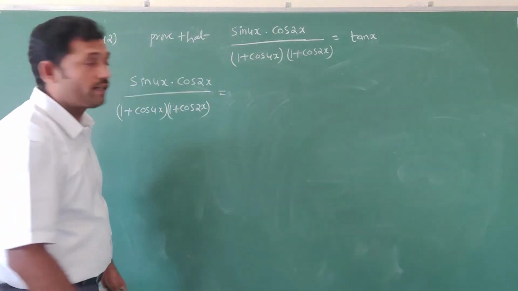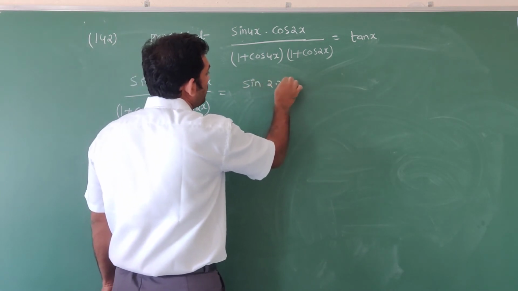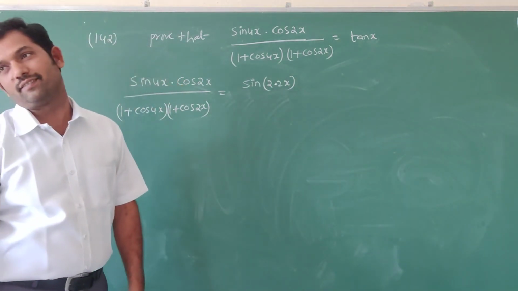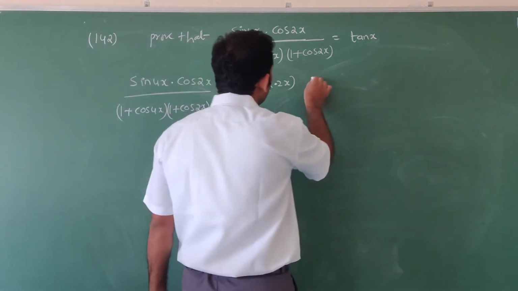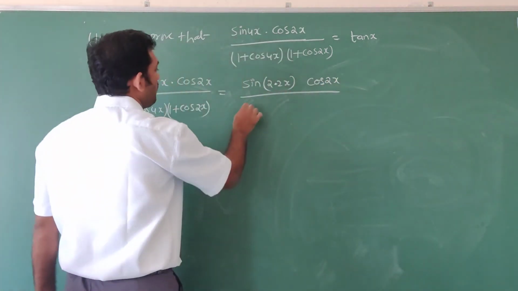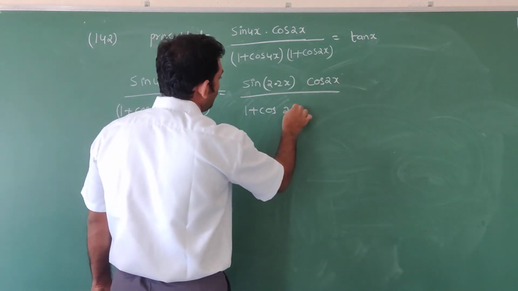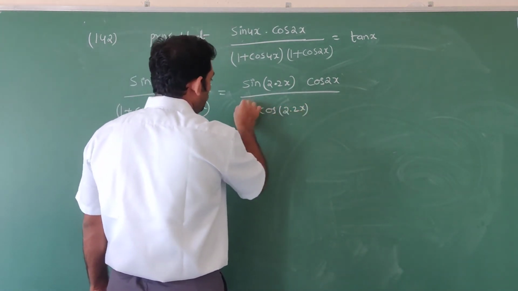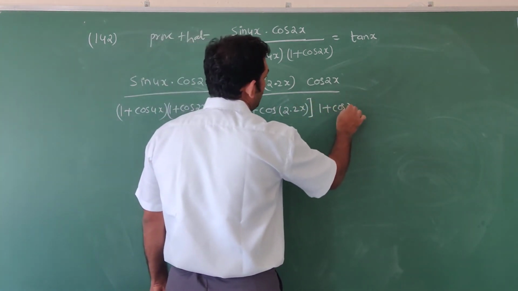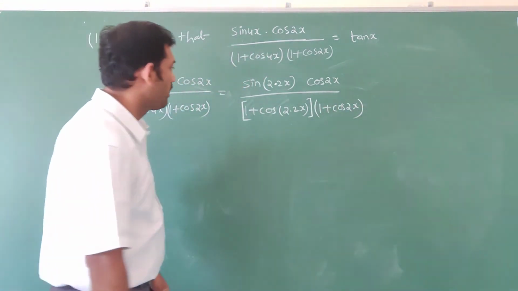Sin 4x can be written as sin 2 of 2x, which means 2 into sin 2x into cos 2x. Write cos 2x as it is, divided by 1 plus cos 4x, which can be written as 1 plus cos 2 of 2x, into 1 plus cos 2x. Understand? We already have the formulas.